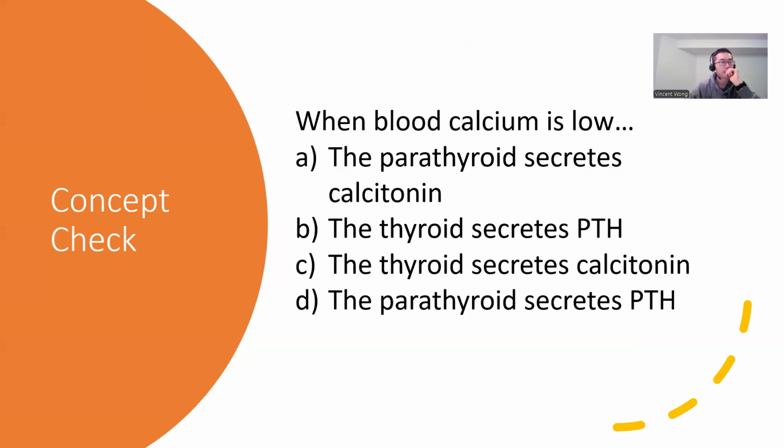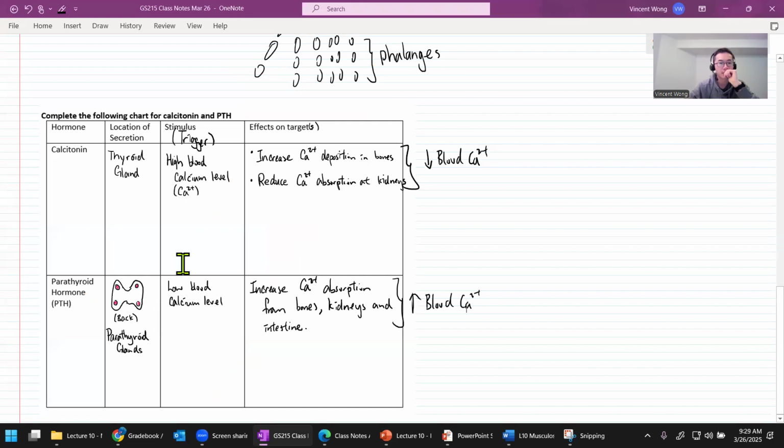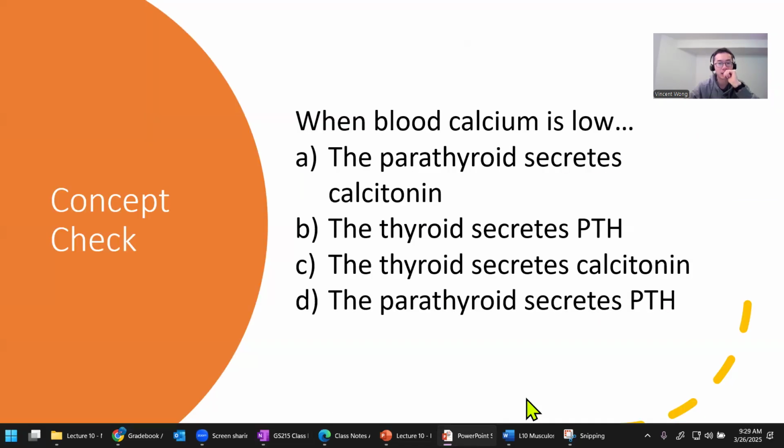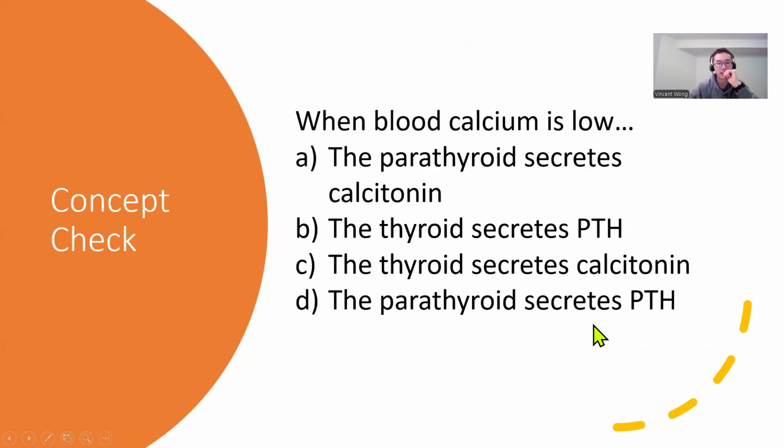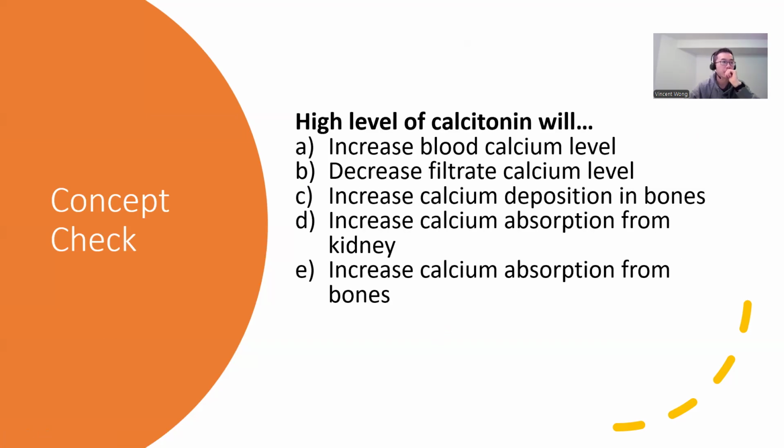So we just have to look at our chart. When blood calcium is low, the parathyroid gland secretes PTH. The answer is D. One more.